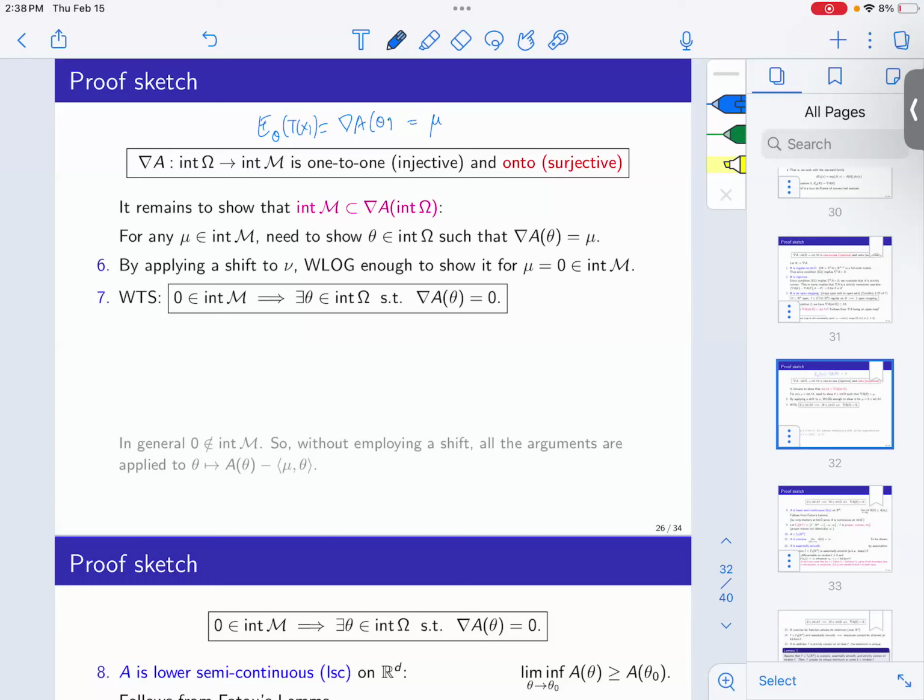If it's possible to achieve a certain mu with an exponential family, the gradient of A at theta has to be equal to mu. So really what this theorem is saying is that this equation is solvable if mu is in the interior of M. And let's accept that.